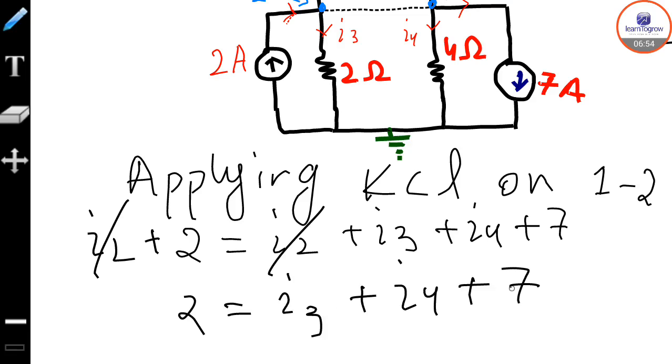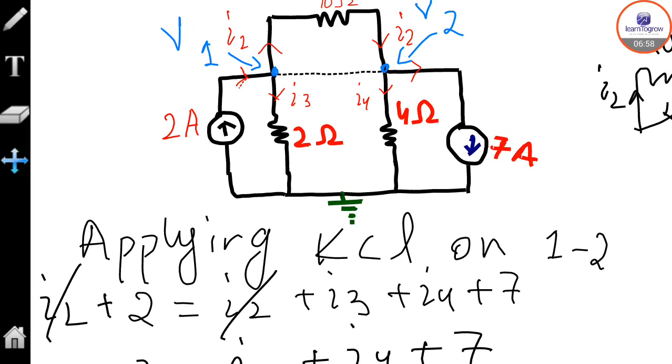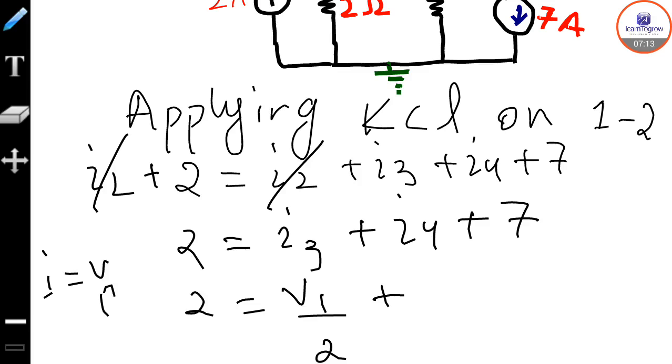This is quite simple, quite easy to solve. So what is I3? I3 is V1 upon 2, according to Ohm's law, because I equals V over R.